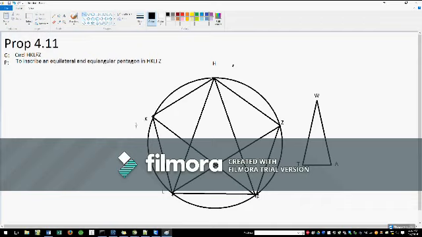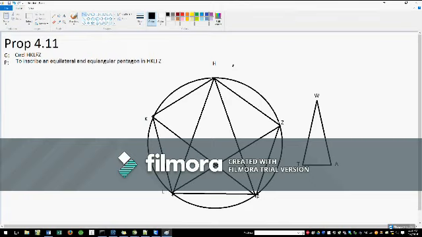Therefore, the five sides KH, HZ, ZF, FL, LK are equal to each other. Therefore, the pentagon is equilateral. Next, I say that it is equiangular.